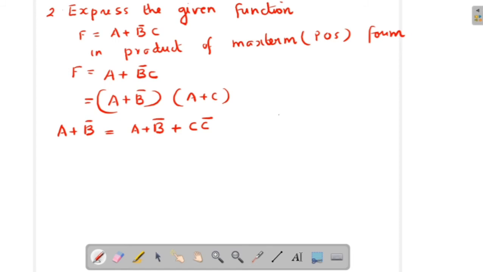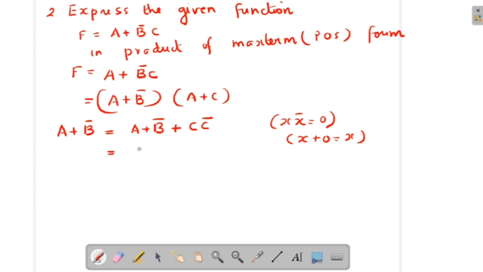You know what is x x dash? x x dash is equal to 0. Then x plus 0 is equal to x. So here a plus b complement plus 0 is equal to a plus b complement itself.